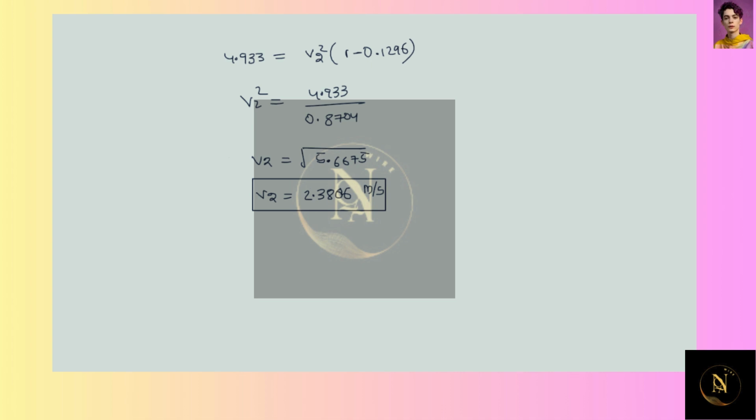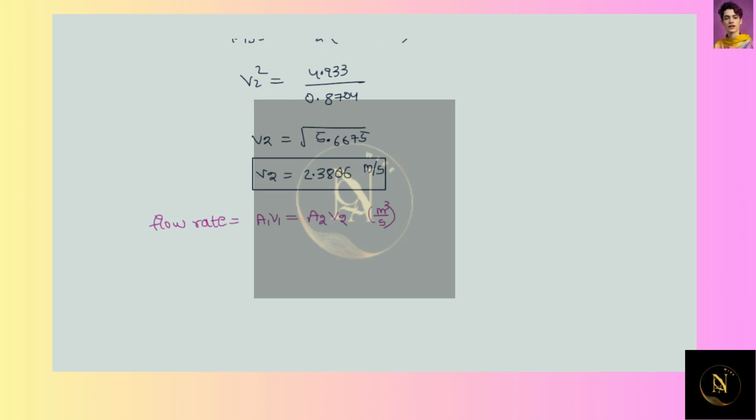The question is asking to find the flow rate. We know flow rate is equal to A1 V1 or A2 V2, in meter cube per second. So flow rate is A2 V2, which is equal to pi D2 square divided by 4 times the V2 value, 2.3806.